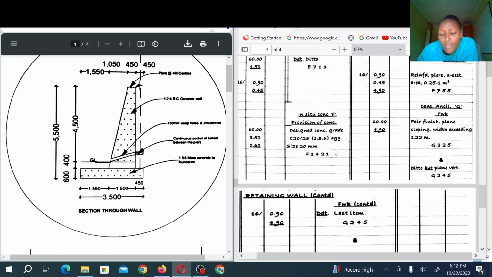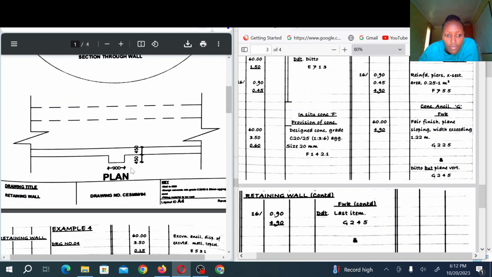First of all, we want to calculate the concrete for the fair finish, where we have this sloping surface here.